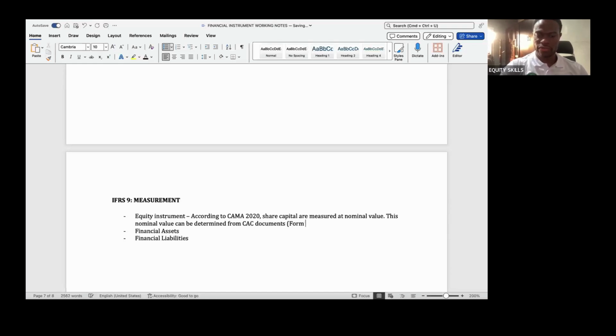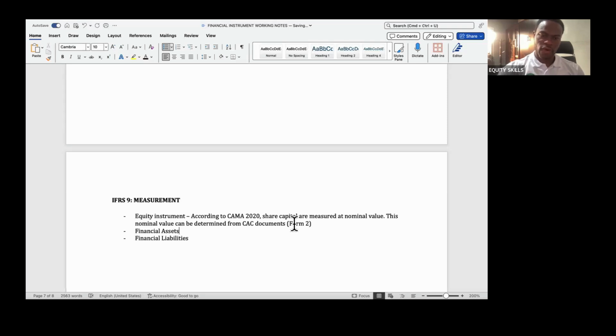Usually it's from 2, from 7. You'll find it on your CAC documents in real life. But in your exams, they will give you the nominal value, because the way share capital is determined is just the number of shares times the nominal value. That's what goes into your share capital account.